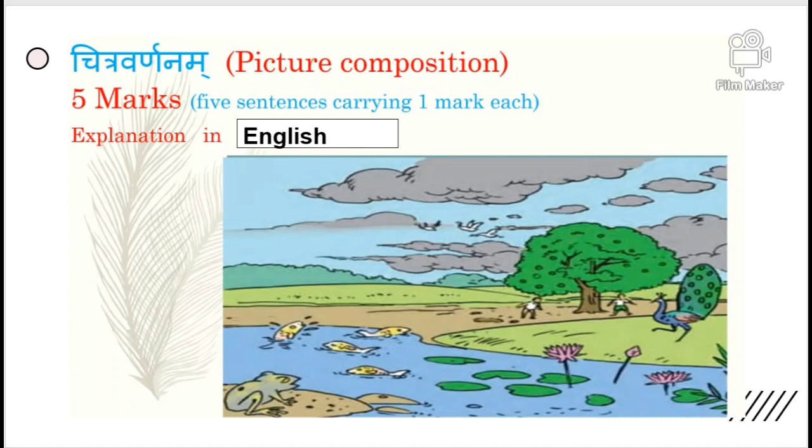Verbs are like pathati, pathatah, pathanti. Dhavati, dhavatah, dhavanti. Like that. You need not use madhyama and uttama purusha verbs and nouns.